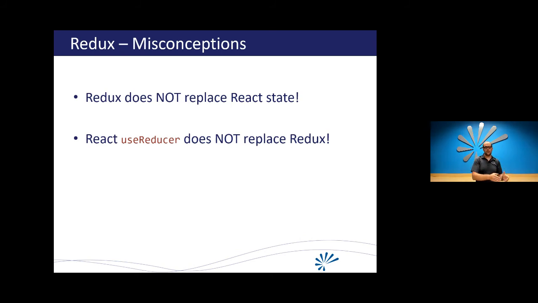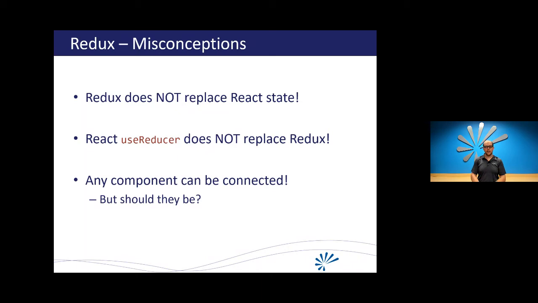You're not using global state, you're using component state that looks like Redux. So you still have the same problems of passing your data down and having unnecessary props that you're not using. They're solving two completely different problems, and saying use reducer replaces Redux is missing the point of Redux.